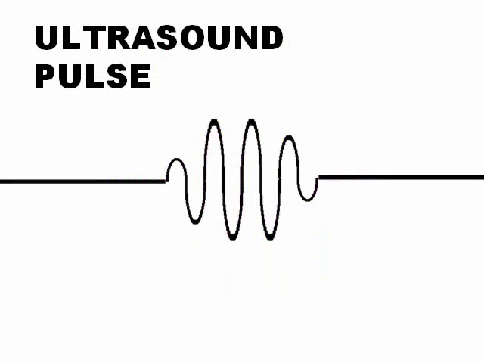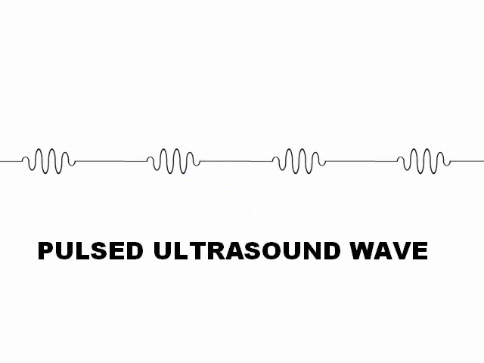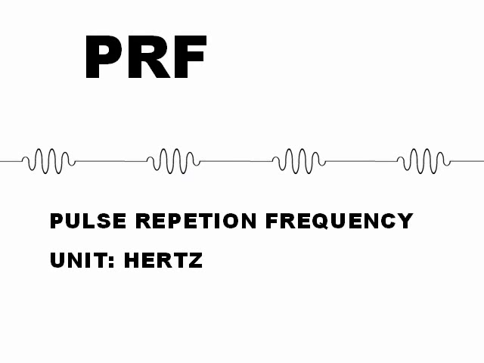This is an ultrasound pulse, as you remember. This is the pulse ultrasound wave, time on, time off. You know that the pulse repetition frequency is the number of pulses that the machine produces in 1 second. In general it is in kilohertz, thousands of pulses in 1 second.